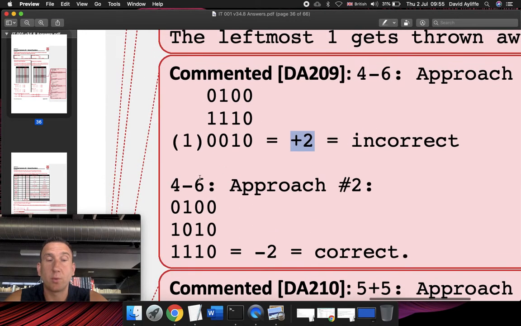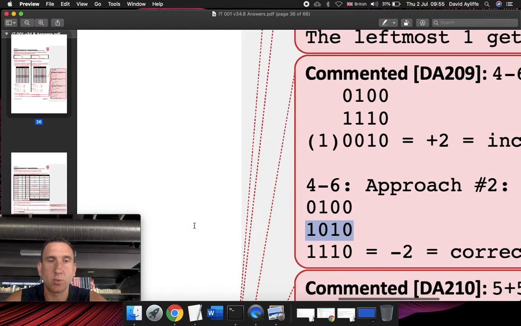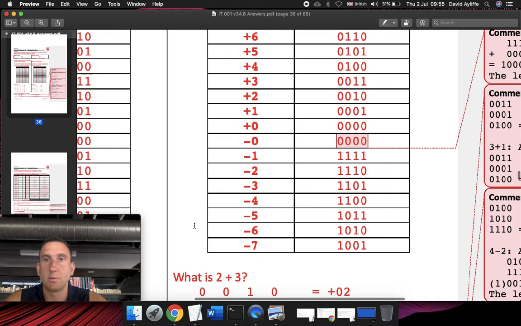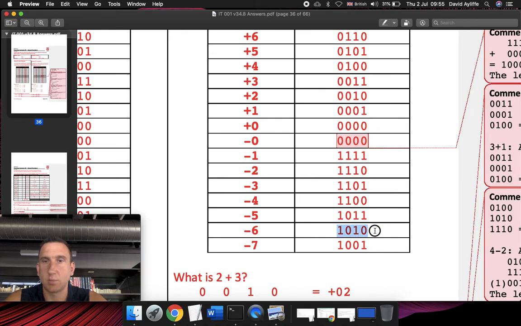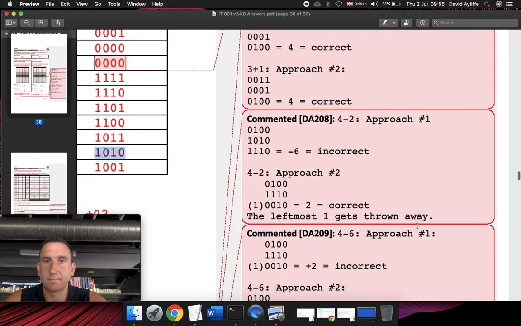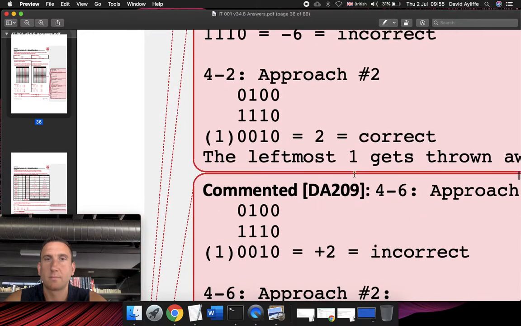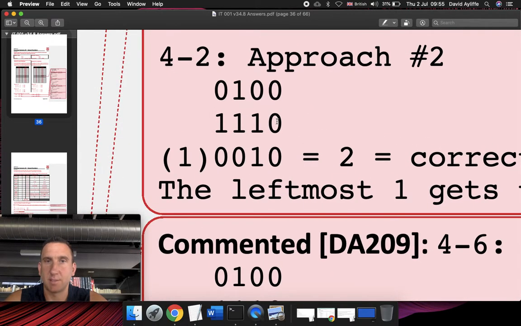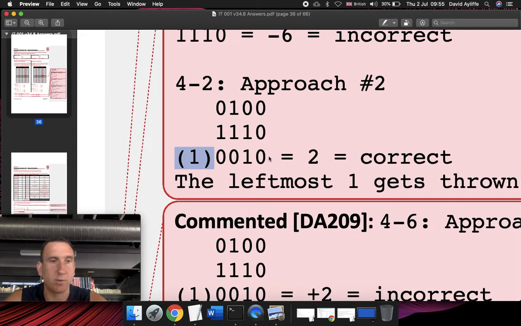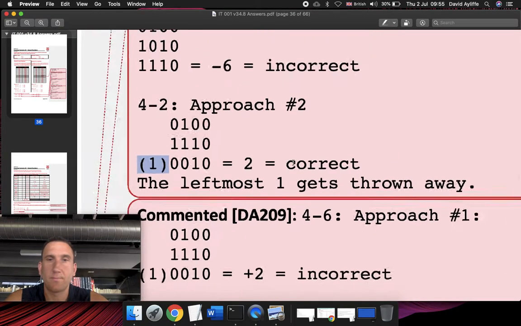What about approach 2? What about 2's complement? So this is 4 minus 6, 1, 0, 1, 0. 0 and 0 is 0. 0 and 1 is 1. 1 and 1 is 2, so 0 carry 1. 0 and 1 is 2, so 0 carry 1. We're going to throw that bit away because it's out of our memory range.